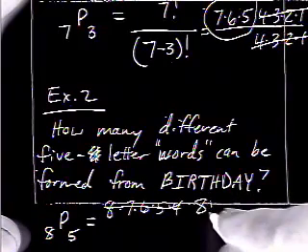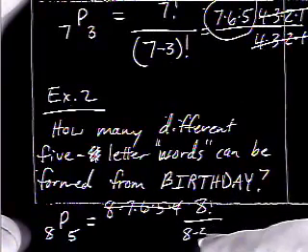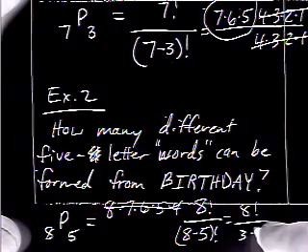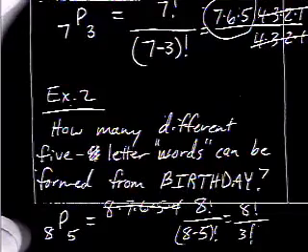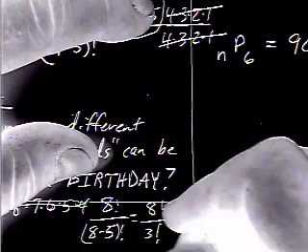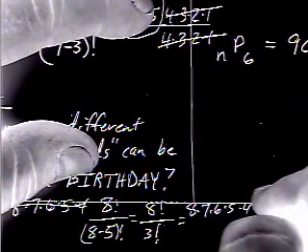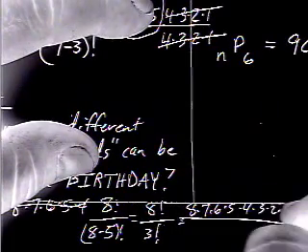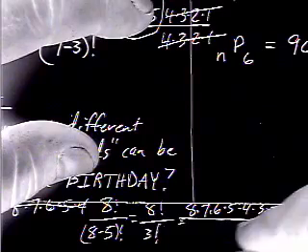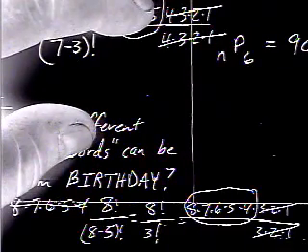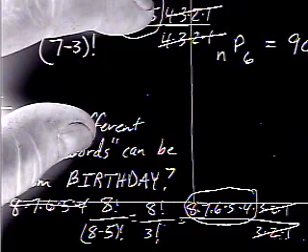I should write it out this way. 8 factorial over 8 minus 5 factorial, which is 8 factorial over 3 factorial, which is 8 times 7 times 6 times 5 times 4 times 3 times 2 times 1 over 3 times 2 times 1. Boom.